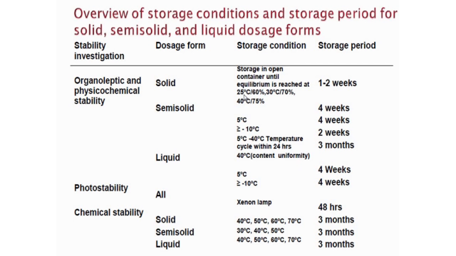The conditions are given here: 25 degrees 60% relative humidity, 30 degrees centigrade 70% relative humidity, 40 degrees centigrade 75% relative humidity. Similarly for photostability, all the conditions will be maintained. For chemical stability also, these are the conditions. For chemical stability, we have to perform it for up to 90 days, that is 3 months. Clear?